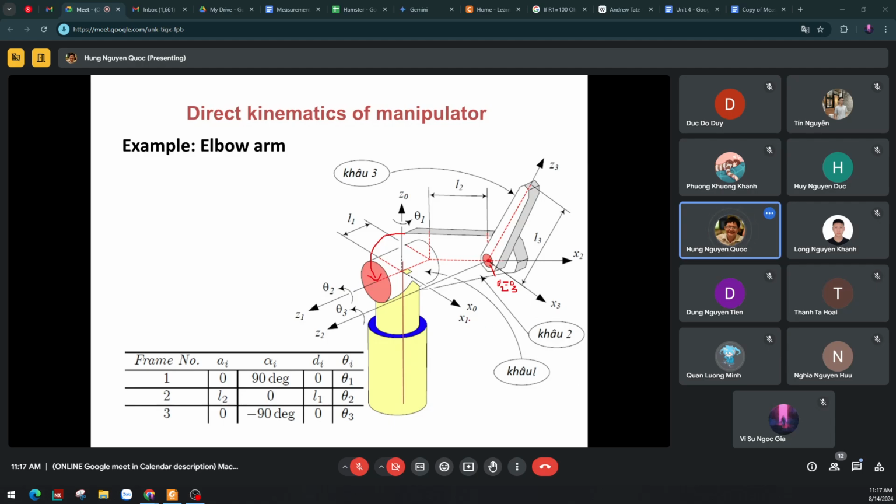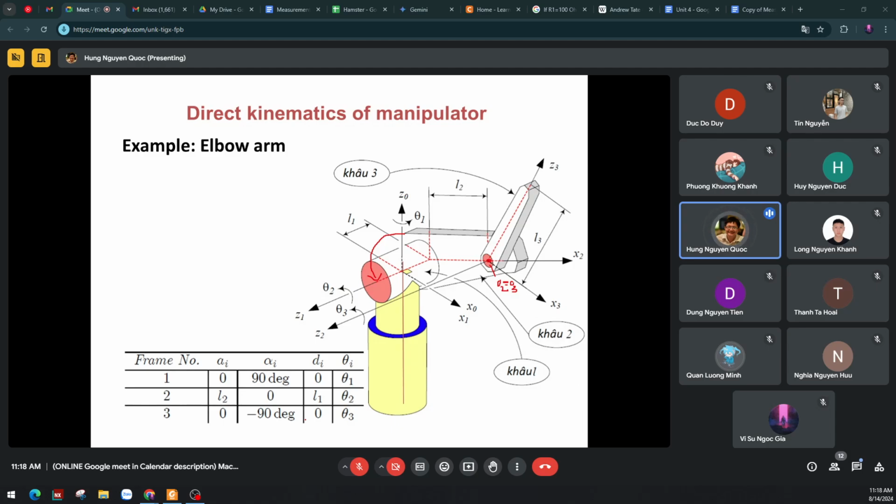And in the second case, Z1 and Z2 is 0. Z2 and Z3, when you look from X3, you rotate Z2 to be coincident with Z3, so it's minus pi over 2. And L1, L2, I'm sure you will know what those are, and theta 1, theta 2, and theta 3 are the angles.